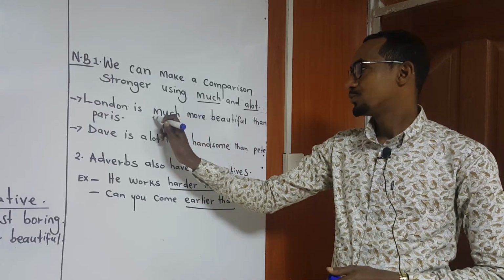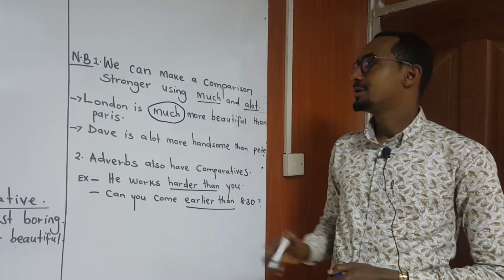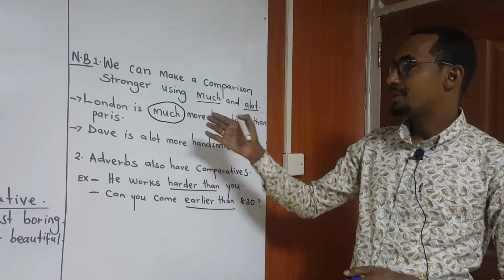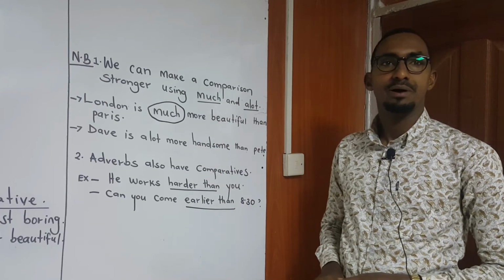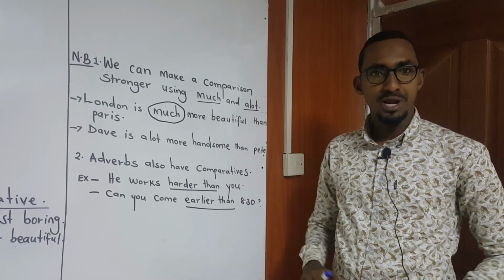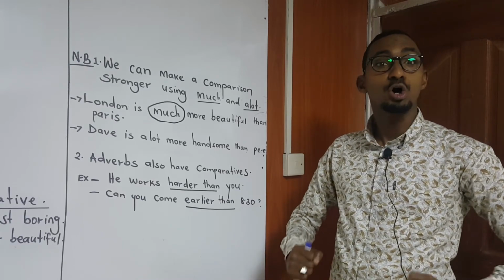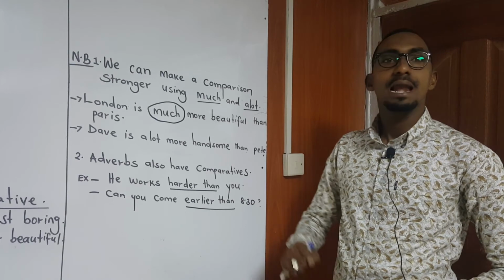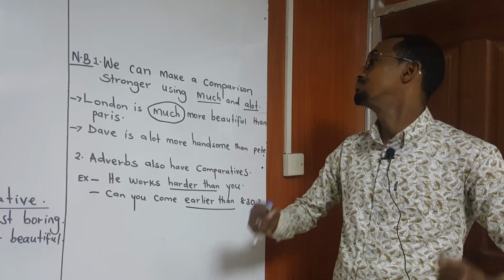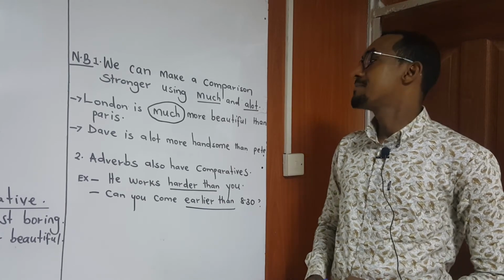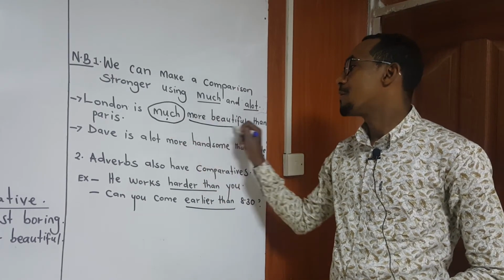And this is what is making this sentence stronger. If I want to compare these two cities, I can say London is more beautiful than Paris. That is just normal. But when I want to emphasize, I will say London is much more beautiful than Paris. Remember, we always use much before the comparative.